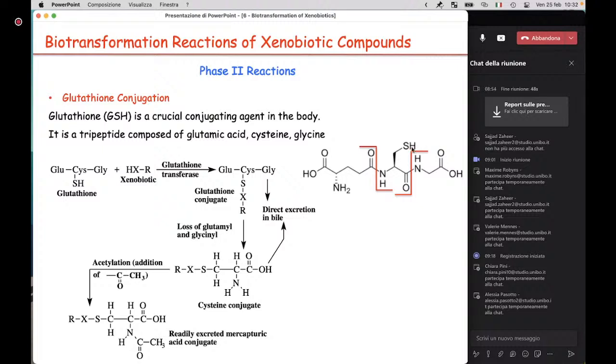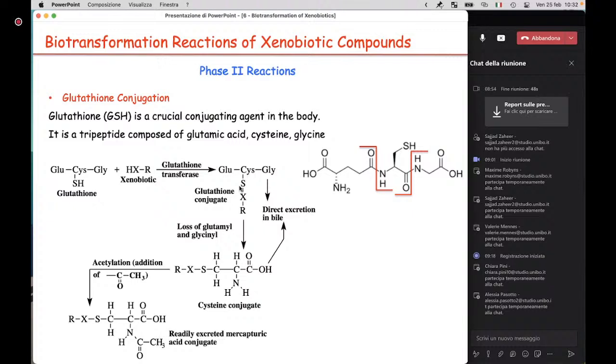It is the thiol group here that generally reacts with molecules. Here we can see that glu, cis, gli means glutamic acid, cysteine, and glycine. And here we have the thiol group of cysteine, and it reacts with the reactive group, whatever it is, of the xenobiotic to produce this kind of molecule, glutathione conjugate.